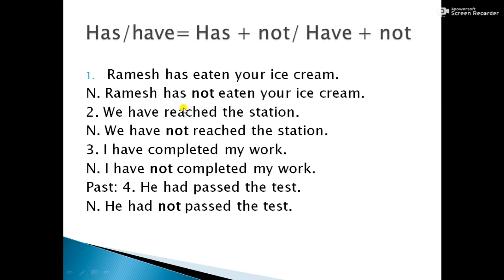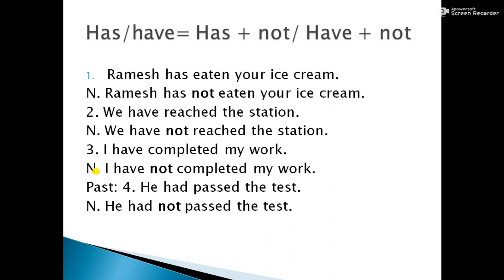So for he, she, it, we use has. For I, for you, for we we use have. Plus for plural subjects also, for plural pronouns also, we use have.